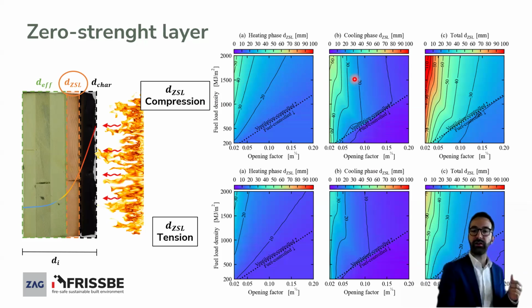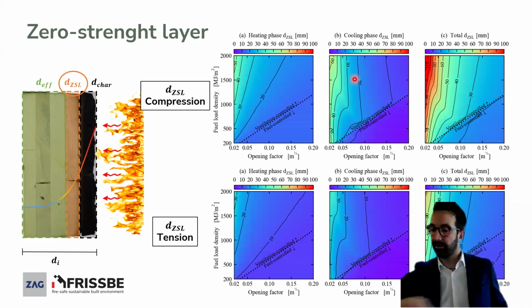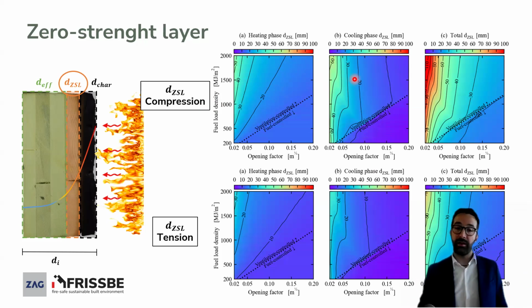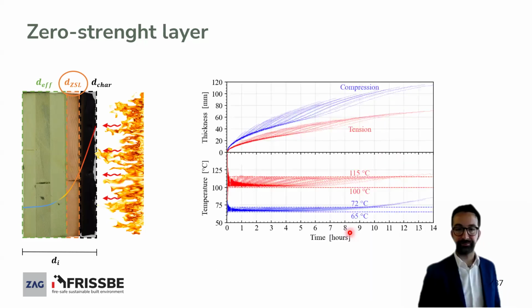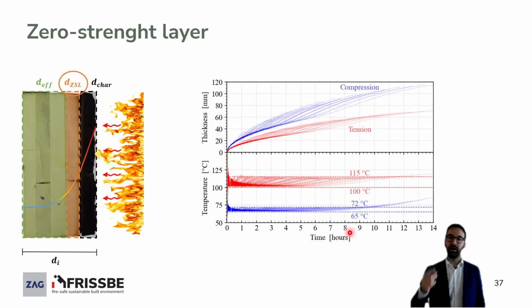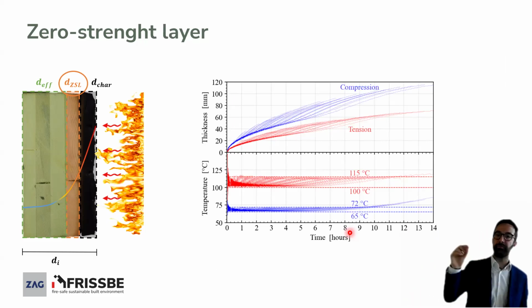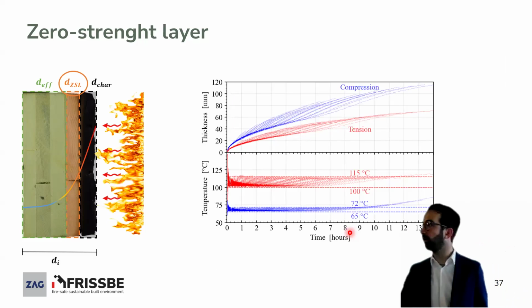If you take the tension cases, you see a lower reduction of mechanical properties in tension at elevated temperature. You see lower values, but again, comparable values during the heating phase and the cooling phase. And then if you combine the two cases, you're trying to see what is the actual temperature where you draw the zero strength layer in compression and tension for all the different cases.